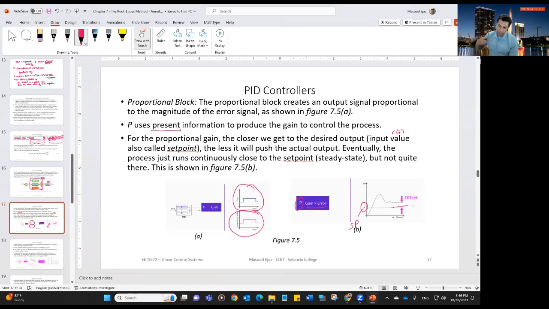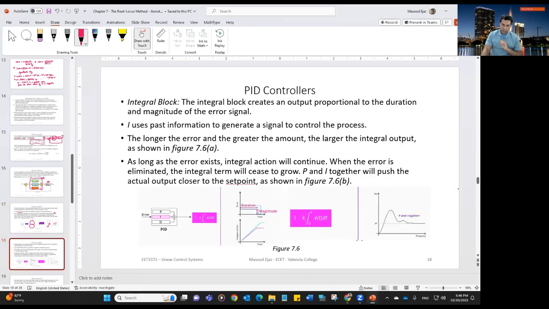So our goal is to push that steady state error further down, such that it will match the desired input or match the set point when it goes to the steady state. But if you have a simple proportional block, then it's going to run close to it, but it may not always become equal to the value of the set point.